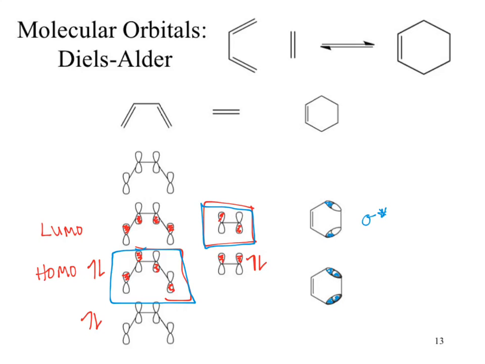Take your HOMO orbital and your LUMO orbital. Take a look at the atoms that are actually forming that bond. Can we set it up so that they are in the same phase? Yep, we can. If we tried the HOMO-HOMO, would that have worked?